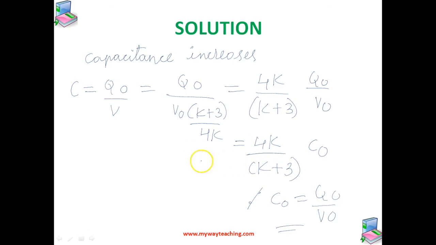So the final value of capacitance is 4K by K plus 3 into C naught.